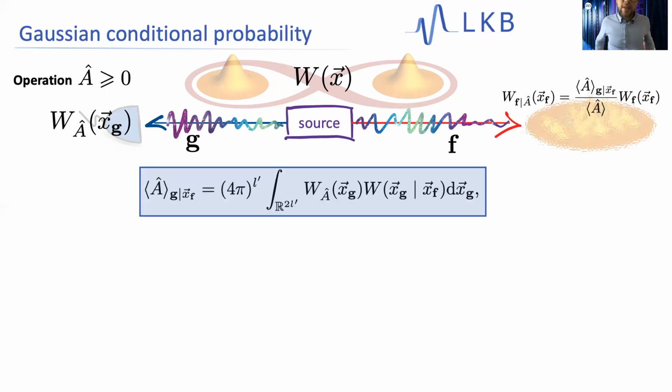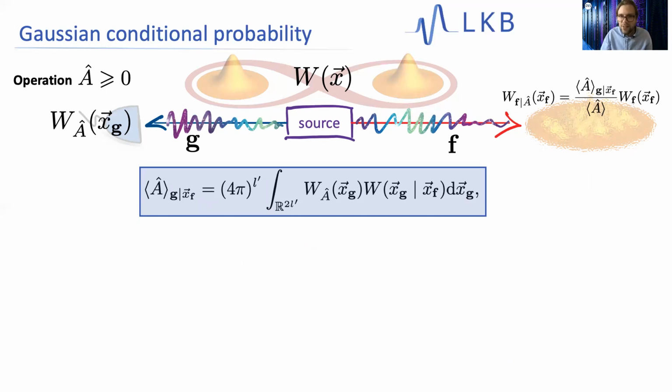And so this conditional expectation value is going to be very important, because when we look again at the expression for this conditional Wigner function, we see, well, this is a Gaussian, this is a number. So what is left here, this conditional expectation value of A, is actually going to contain all of the non-Gaussianity, the Wigner negativity, and so on of our state.